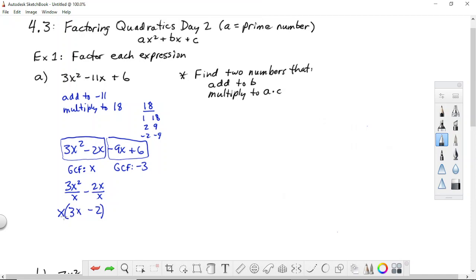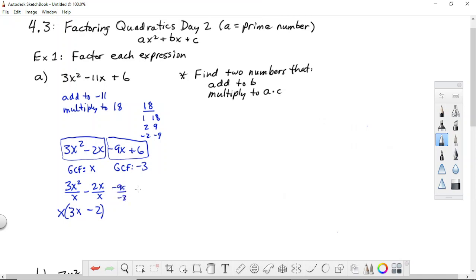I just wrote this out to show what we're doing mentally when we do that in our head. We multiply this back, of course, to check it. x times 3x is 3x squared. And then that's the x times the 3x, right? And then the x times negative 2 is the negative 2x. Okay, so we do the same thing over here. Greatest common factor is negative 3.